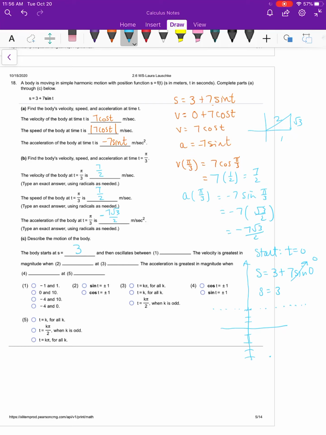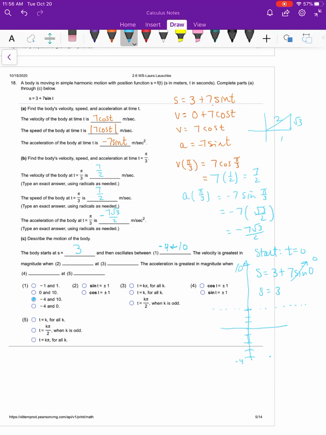And so this is going to be 2, 1, 0, -1, -2, -3, -4. So it's going to oscillate between -4, and then if I would add 7 to this, it would be 10. So oscillates between -4 and 10. So -4 and 10 is the one that I'm going to choose right here.